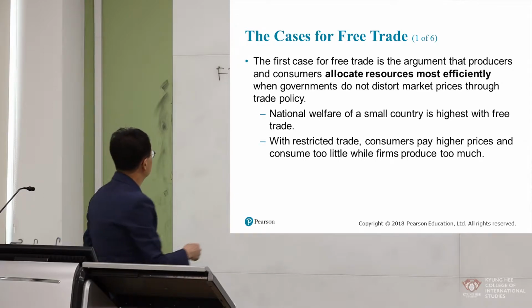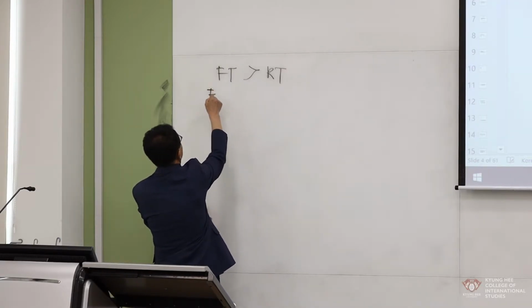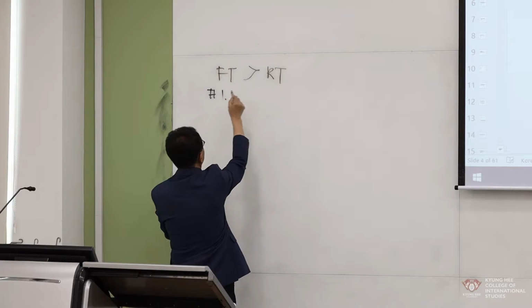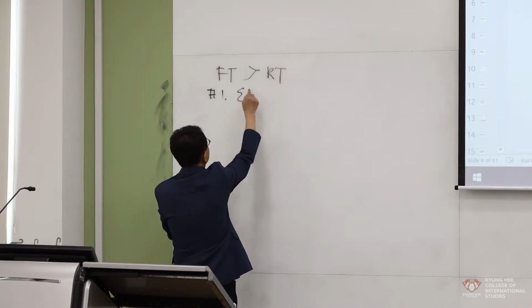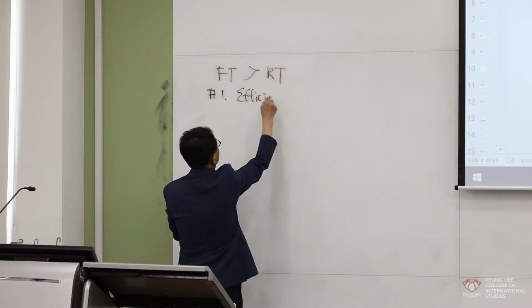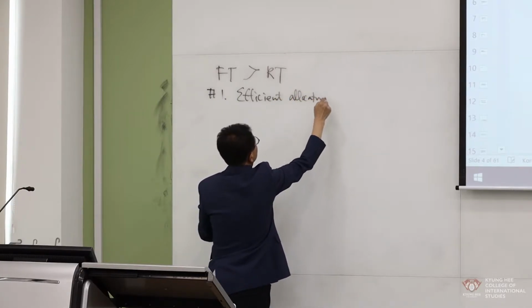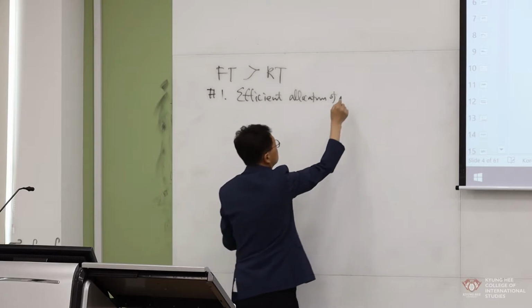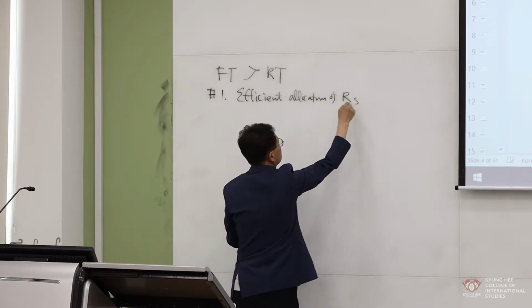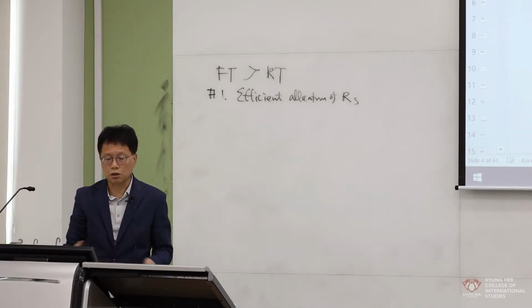Simply speaking, we can say efficient allocation of factors or resources. That is argument number 1.